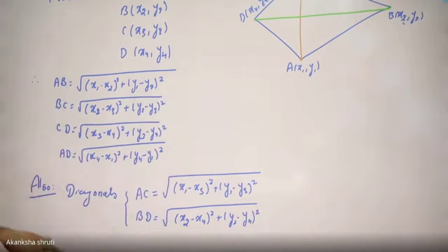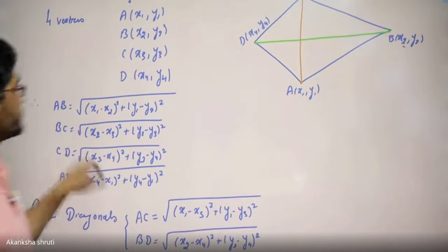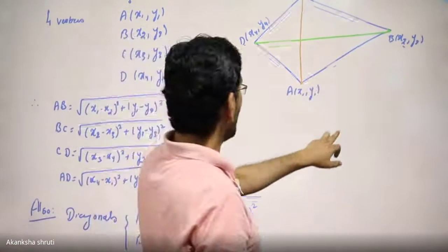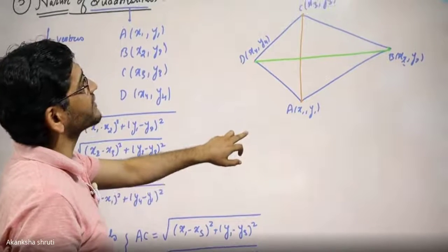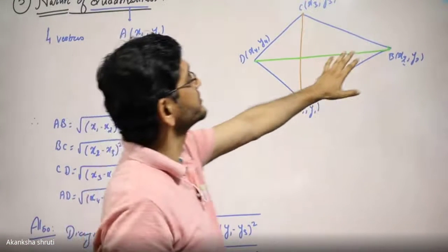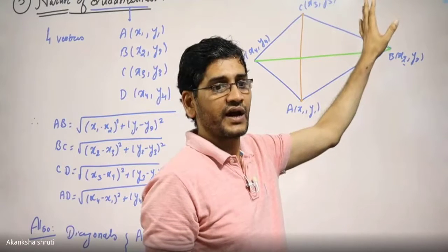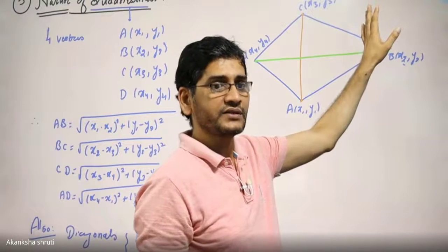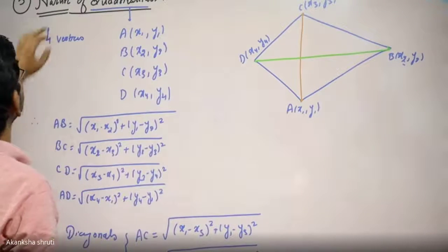So these are the two diagonals. Students, with the help of these four sides and these two diagonals, we can find whether it is a square, rectangle, kite, or parallelogram. Okay, students?